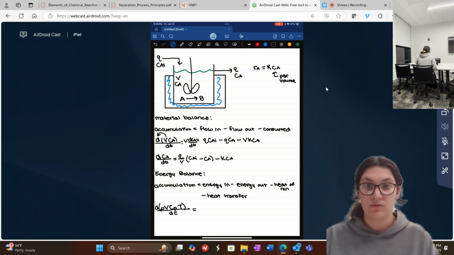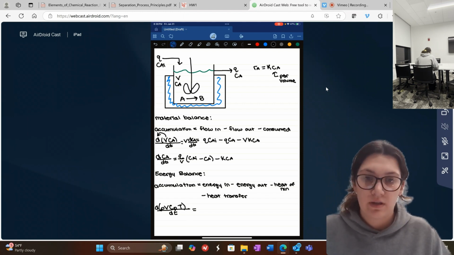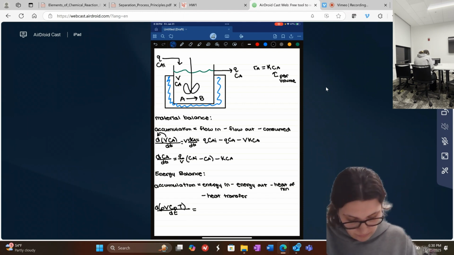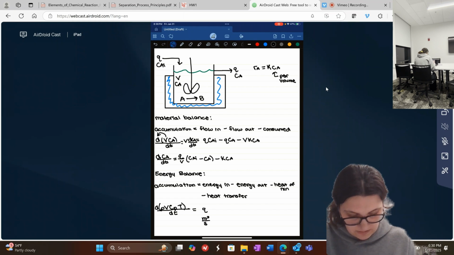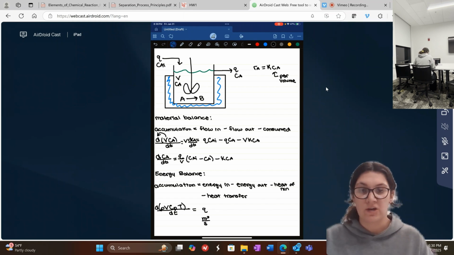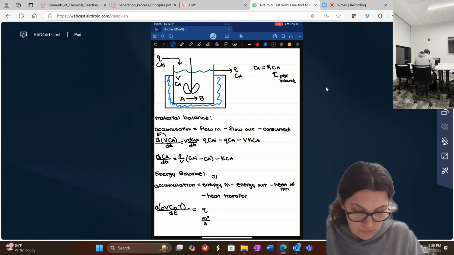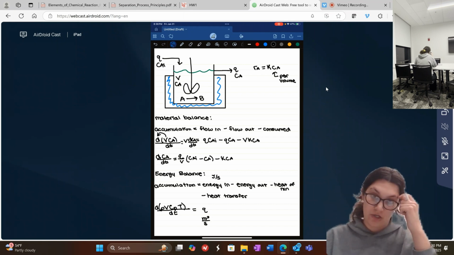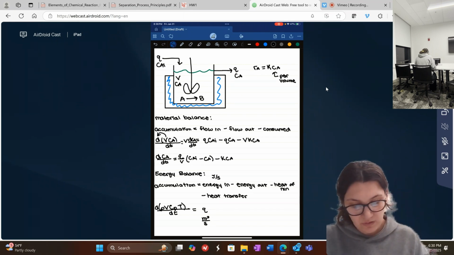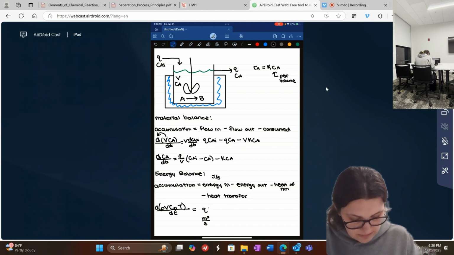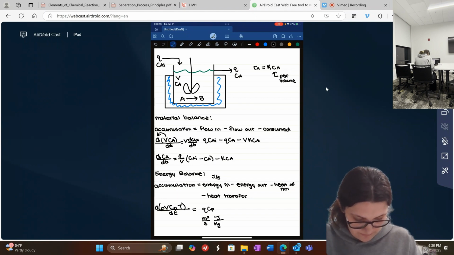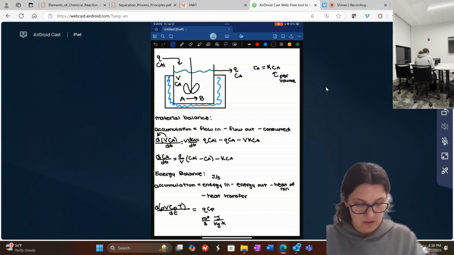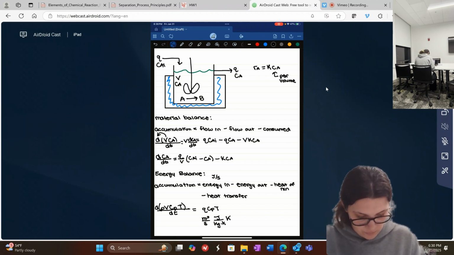Now we can switch over to the right-hand side of the equation. So for the energy flowing in, we want to start with our flow in, which is meters cubed per second. We are looking for energy to be in terms of joules per second. So energy is changing with time. And so we need to use that heat capacity again. That is in joules per kilogram Kelvin, multiplied by temperature, just like before.